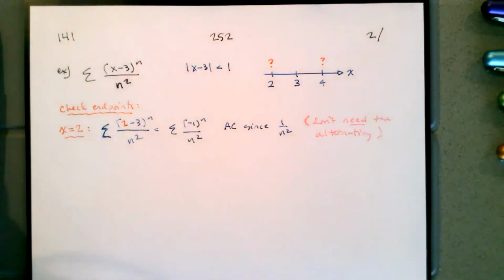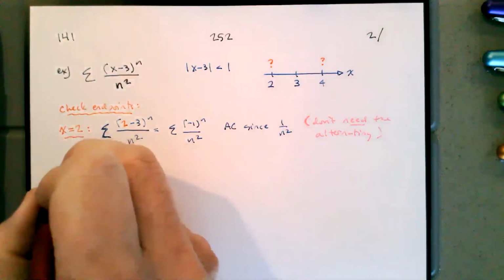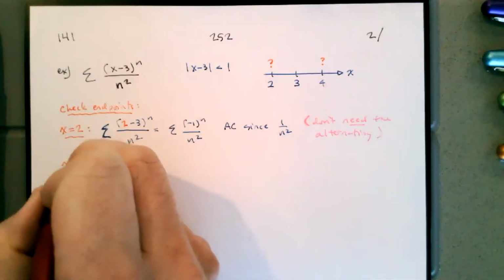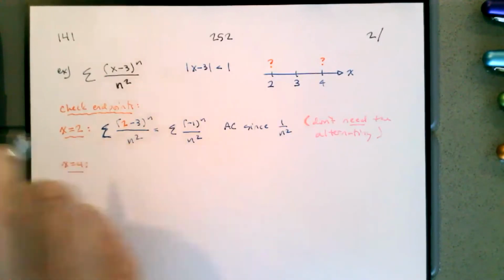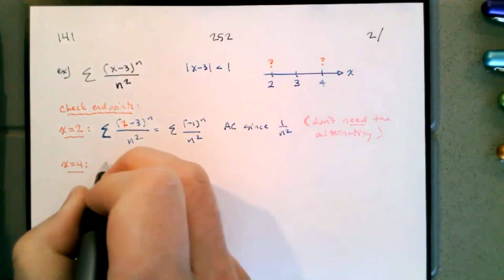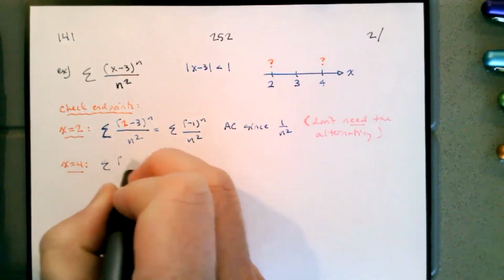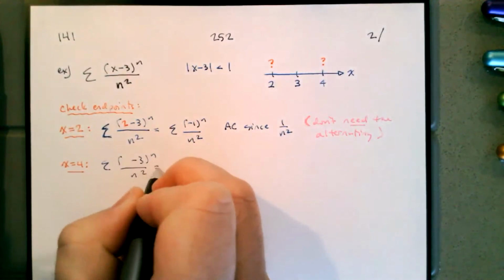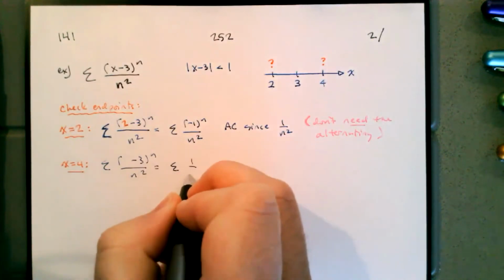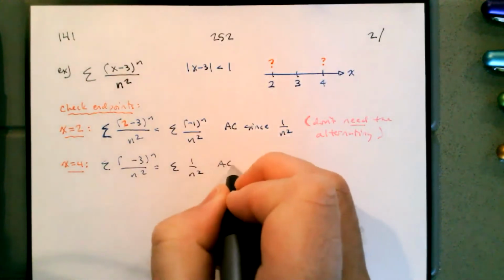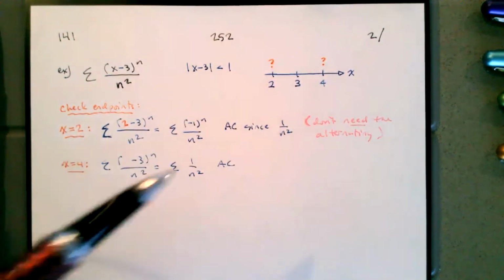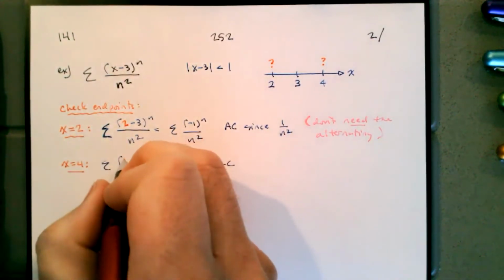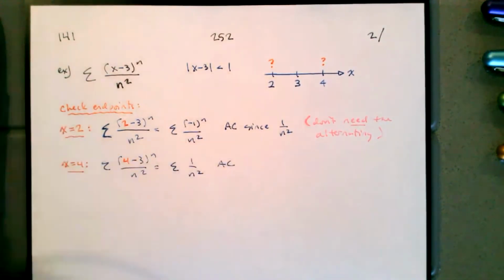At x equals 4, we get the non-alternating version. So this would be the series (4 minus 3) to the n over n squared. And that's just going to be the series 1 over n squared, which is absolutely convergent. So what this means is that the power series converges when x equals 2 and converges when x equals 4.